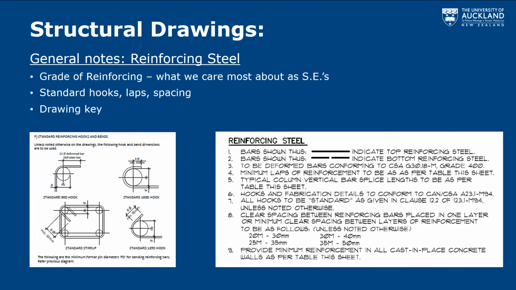And then the last thing there is these drawing keys. If you look at the image on the right, you can see on point number 1, bars shown with a solid line indicate reinforcement which is on the top of a beam, and bars with a dashed line are going to be reinforcement at the bottom of the beam.